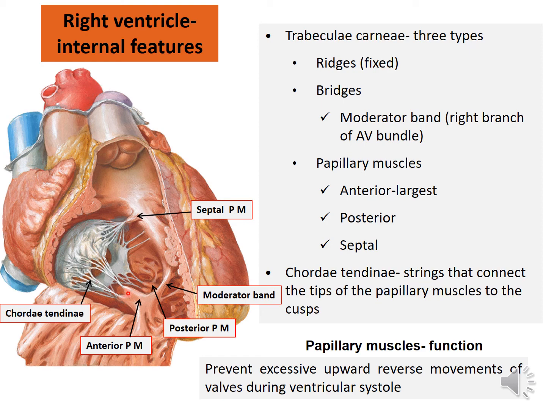If the papillary muscles are not functioning, the cusps, due to the pressure of the blood in the right ventricle during ventricular systole, will avert into the right atrium. So the papillary muscles will prevent such aversion of the cusps during ventricular systole. Hope you understood.